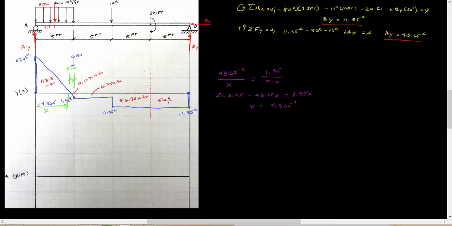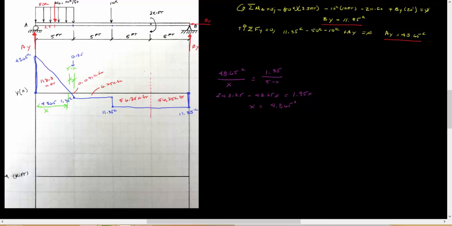I'm going to have the same thing here. Now I'm going to use all of the information that I've come up with and bring it down here. So I have 118.3 kip feet, 0.091 kip feet, 6.75 kip feet, 56.75, and 56.75.